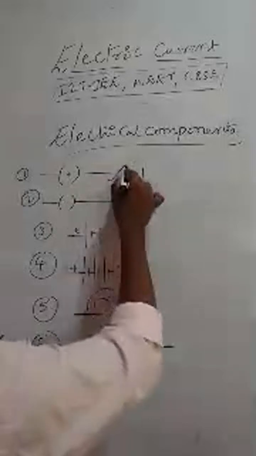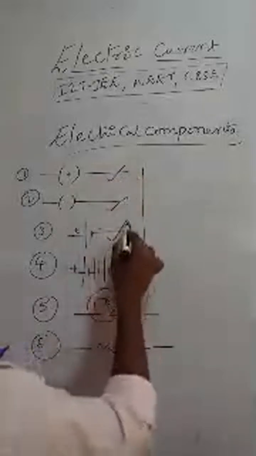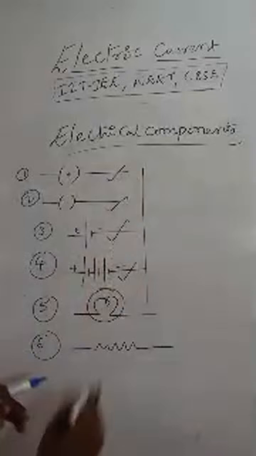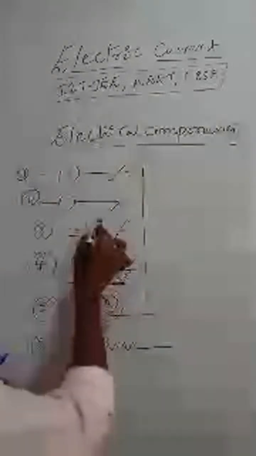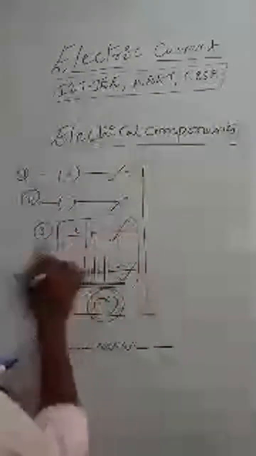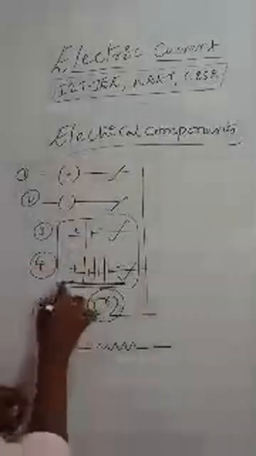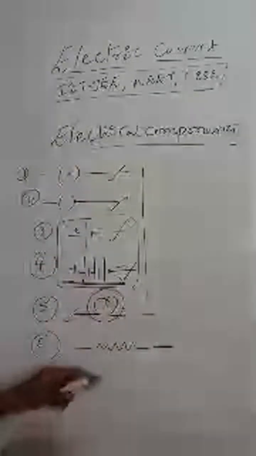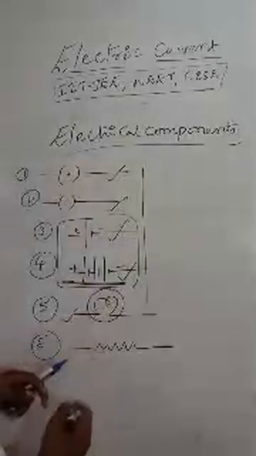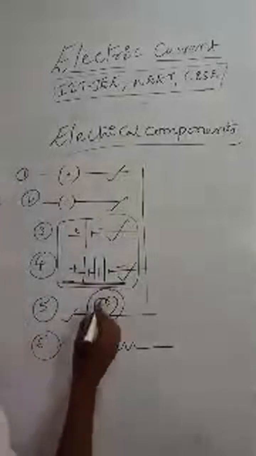So closed switch, open switch, cell, battery. Two or more cells combined make a battery. What is the difference between battery and cell? A cell means only a single one. A battery means two or more cells combined together. And the bulb, as before. The resistor is the device used to oppose the electric current.